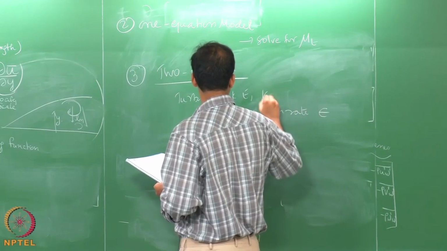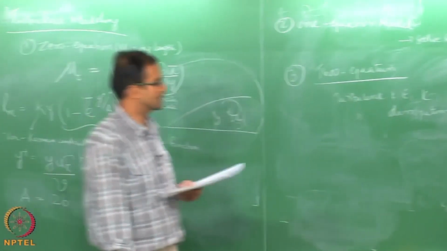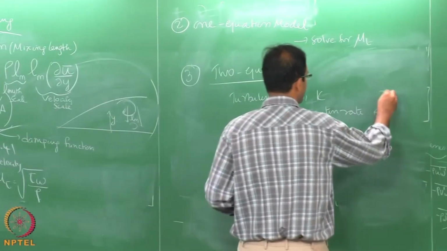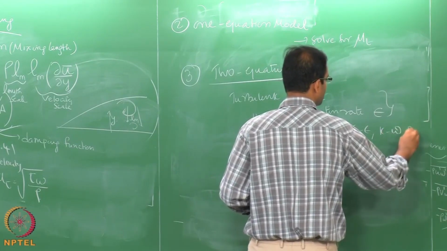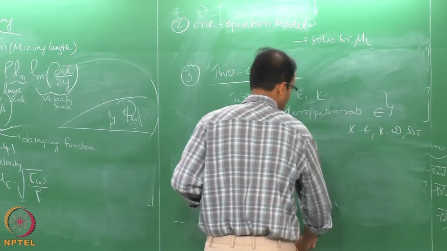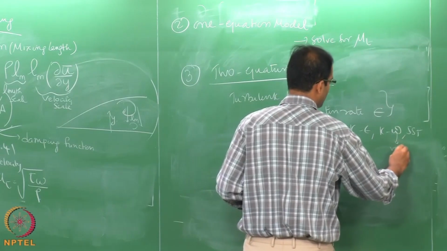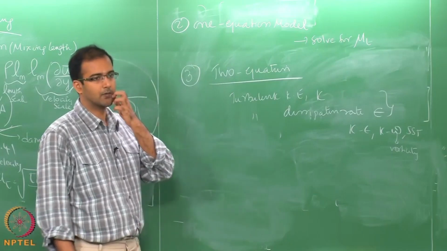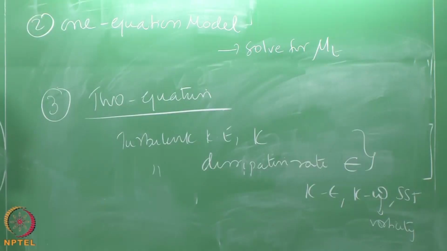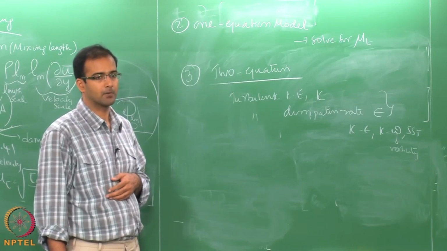We call these K epsilon models, for example. There are several of these two equation models. We have K epsilon, we have K omega, and a combination of these two which is called the shear stress transport model. This is some kind of vorticity constructed out of the epsilon equation and modified. So, you have several kinds of approaches in two equation models.